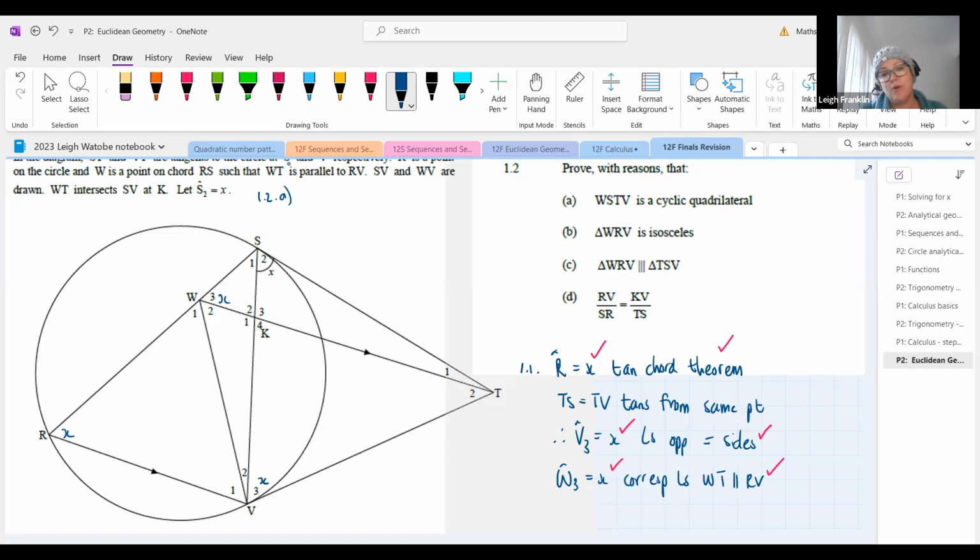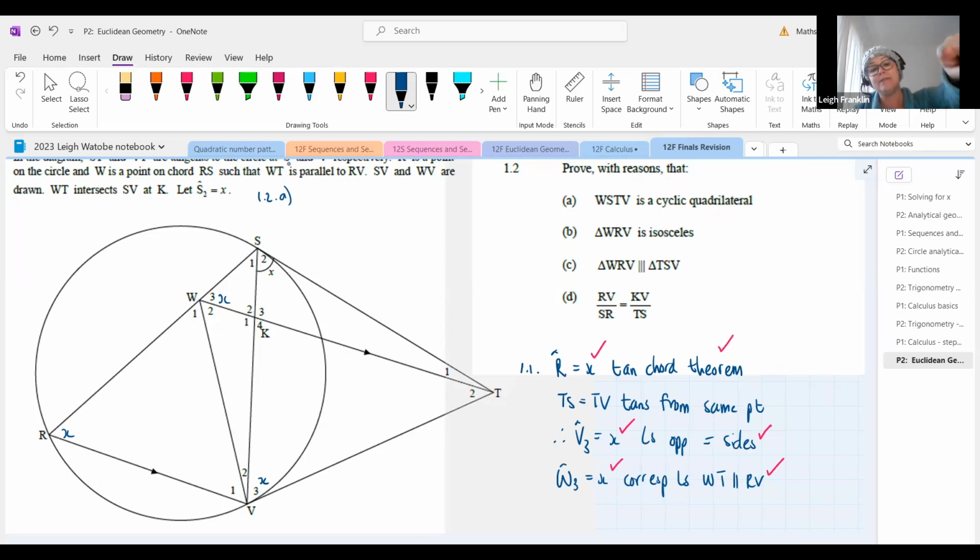So those of us that are struggling, the minute that we see that there is a bow tie inside the cyclic quad, we're going to start considering converse angles in the same segment. If you put your fingers, and I know it's difficult for you because you're working digitally at the moment, put your fingers at S and T. And then follow S to W and T to W. We've got angle W3.